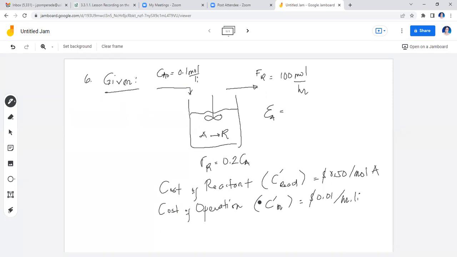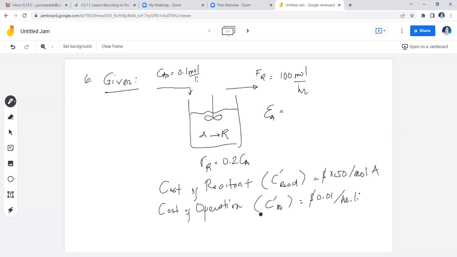It's not safe to assume that epsilon A is equal to zero if your reaction is gaseous. If it's gaseous, your epsilon A is not to be assumed as zero. You are to solve for it if it's gaseous. But automatically, you can set it to zero when the reaction is liquid in nature.